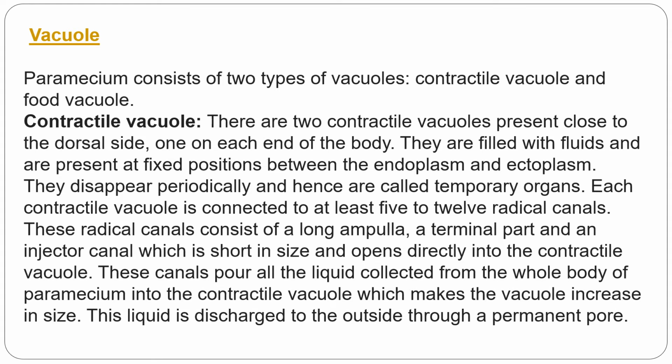These canals pour all the liquid collected from the whole body of Paramecium into the contractile vacuole, which makes the vacuole increase in size. This liquid is discharged to the outside through a permanent pore.